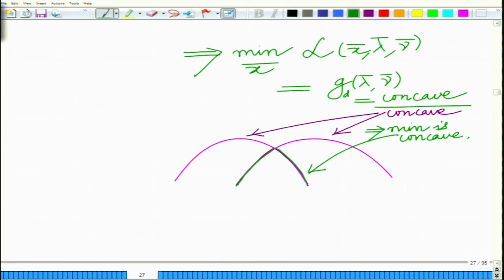So the Lagrangian function is in fact affine in lambda bar, nu bar, which is basically concave. The moment you take the minimum of this over x bar, it is going to be a concave function, which means the Lagrangian dual function g D is a concave function.